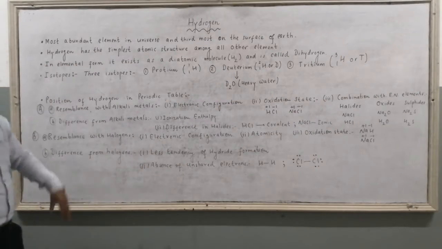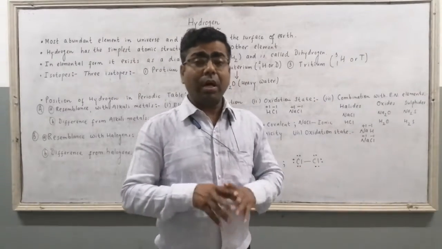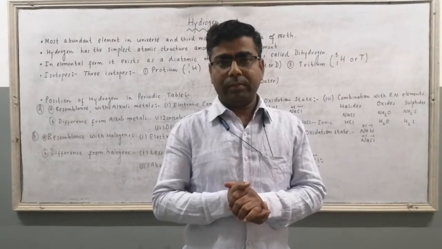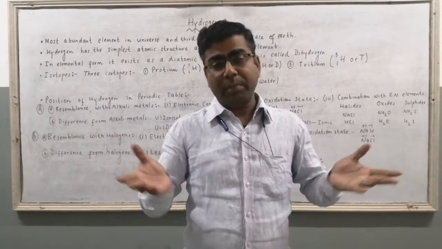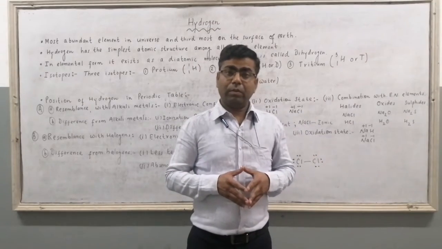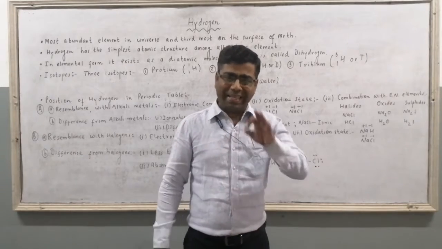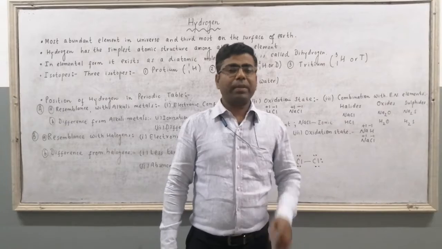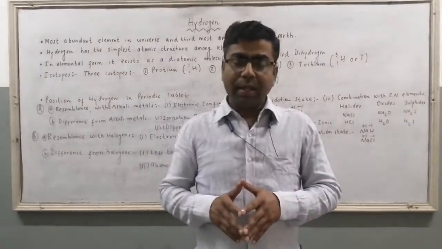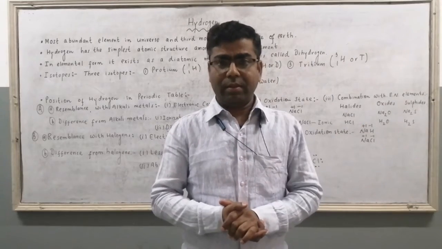Then number 2, hydrogen has the simplest atomic structure among all the atoms or among all the elements. It's the first member, it's the simplest member. So its atomic structure is also simplest, and it is due to presence of one proton inside the nucleus and presence of one electron outside the nucleus.